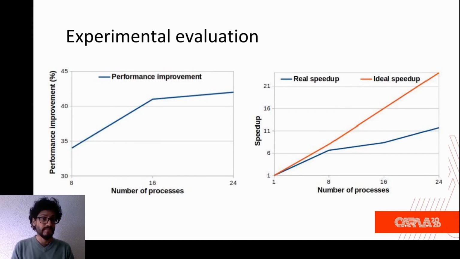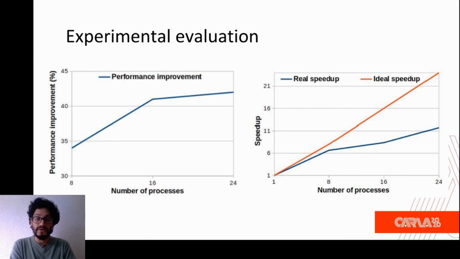When comparing the speedup, the scalability of our implementation, we see that most gains are obtained when using 8 processes, and speedup continues to improve up to 24 processes, but deviates from the ideal speedup by quite a large margin.